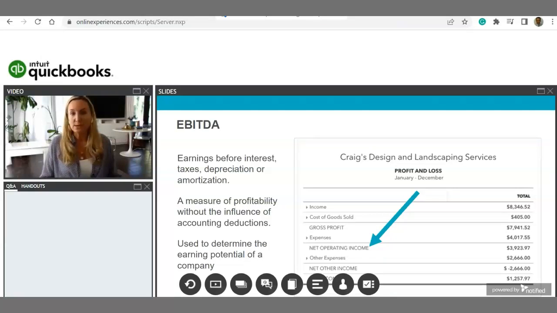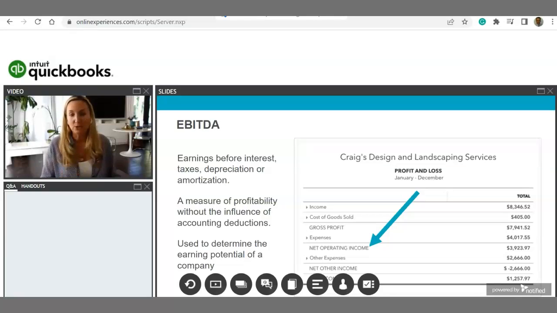And so one way to make that easy is, if it's possible with your clients, if you can record or organize your chart of accounts such that interest expense, taxes, depreciation, amortization are down in the other expenses on the chart of accounts, then they'll fall in the P&L report.